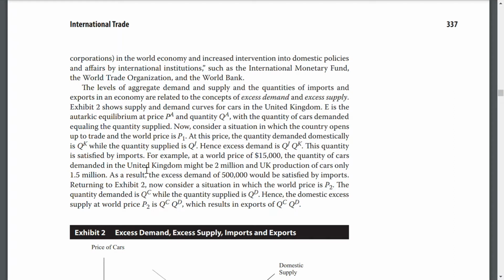The level of aggregate demand and supply and quantities of imports and exports in the economy are related to the concept of excess demand and excess supply. Exhibit 2 shows supply and demand curves of cars in the United Kingdom. E is the autarkic equilibrium price and quantity, and the quantity of cars demanded equals the quantity supplied.